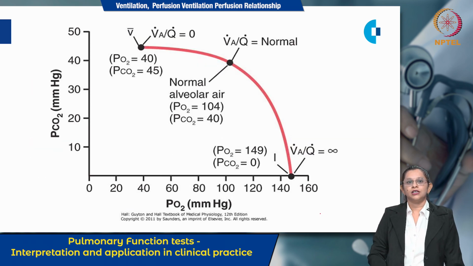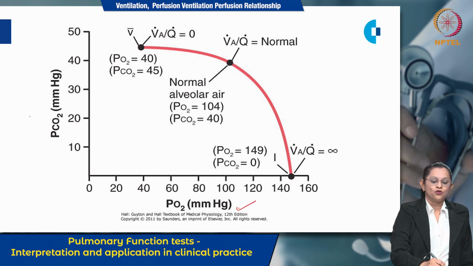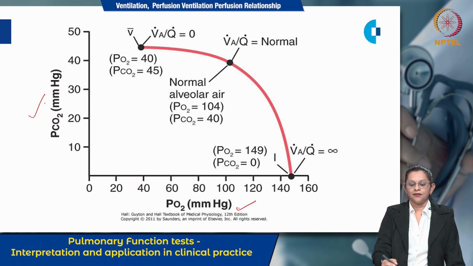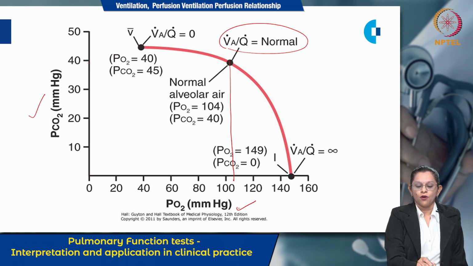This can be further understood by this graph where you have PO2 concentration on the x-axis, PCO2 concentration on the y-axis, and we plot it against the VA/Q ratio. When the VA/Q is normal, you have a normal PO2 of 104 and a normal PCO2 of about 40.